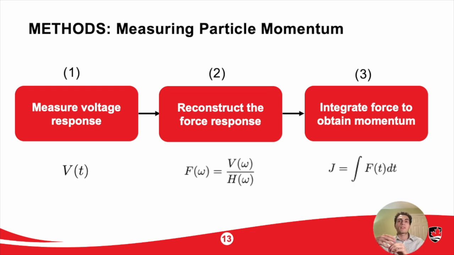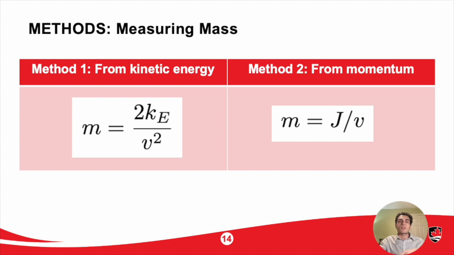So now I've obtained the force signal, and assuming that all of the particle momentum is lost through the impulse of that impact, we can equate the total momentum to be the integral of the force signal over the impact time. So at this point I've calculated particle kinetic energy as well as particle momentum, and by doing some operations with the known velocity that was also calculated, we have two methods of obtaining the particle mass.